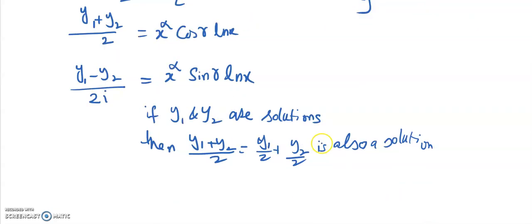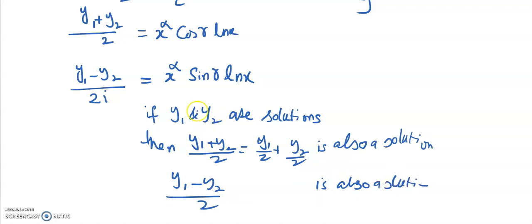Similarly, y1 minus y2 over 2 is also a solution. So both x to the power alpha cosine gamma log x and x to the power alpha sine gamma log x are solutions. In this case you can see that these are real solutions.